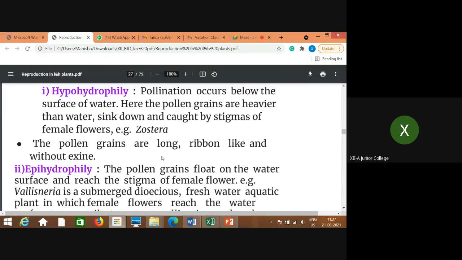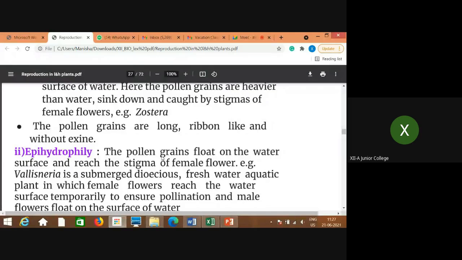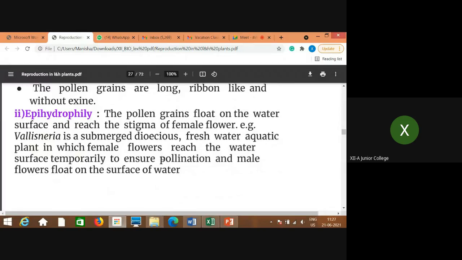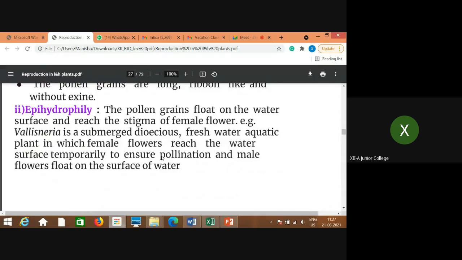Now in epihydrophily, very simple. The pollen grains are lightweight. So that's why it is possible for the pollen grains to float on the water surface. In hypohydrophily, pollen grains reach the female flower which is growing below the water surface. Here, in epihydrophily, the pollen grains are lightweight and floating on the water surface.